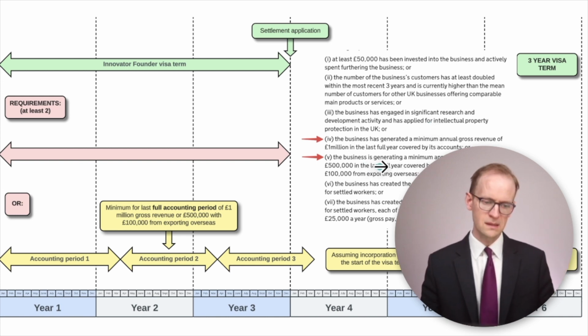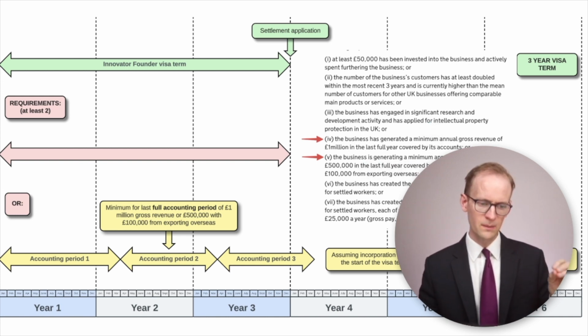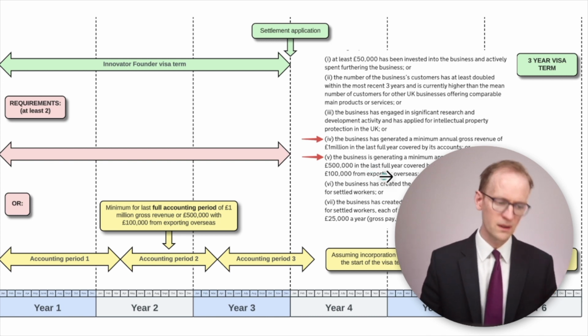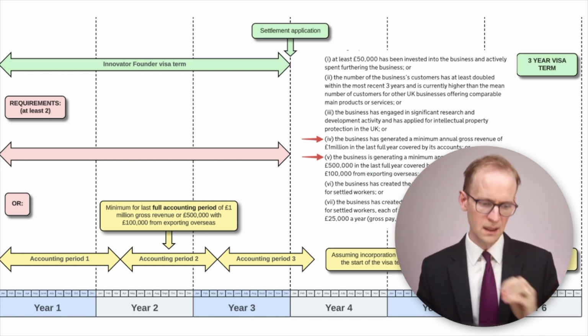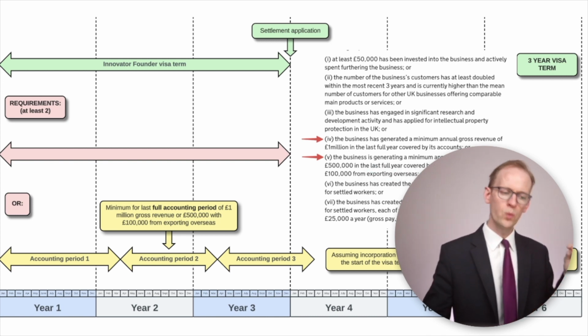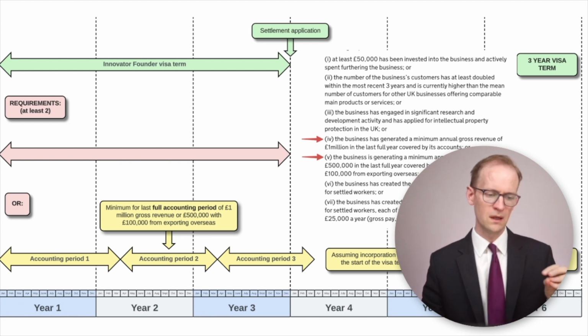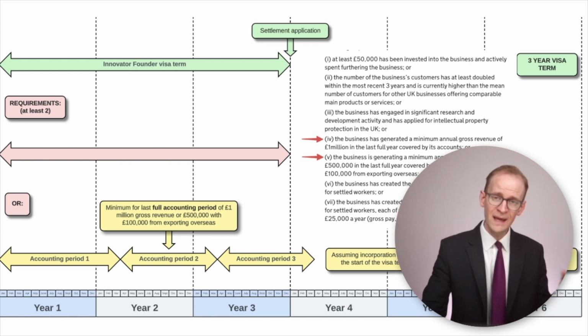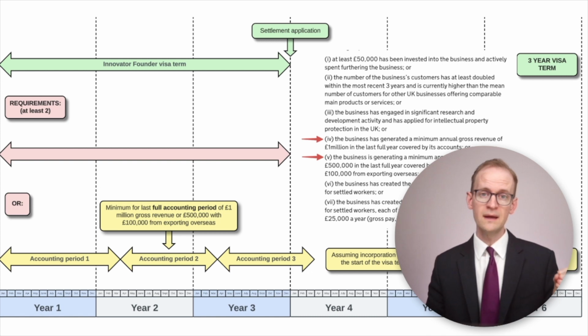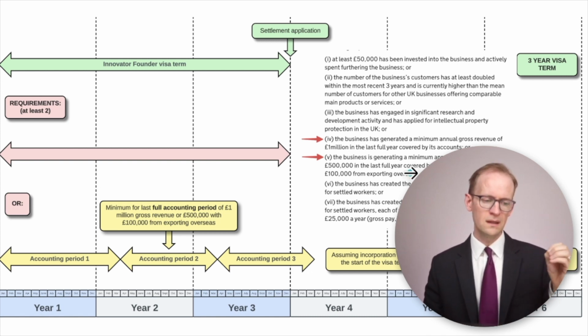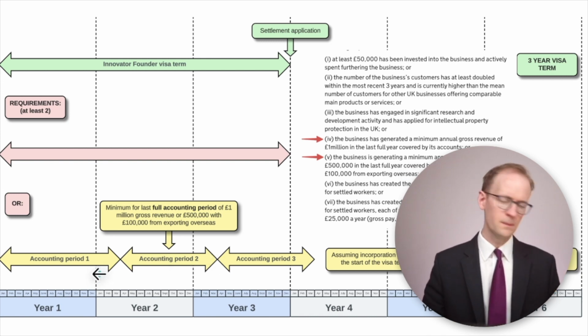And the other one is this: the business is generating a minimum annual gross revenue of 500k in the last full year covered by its accounts, with at least 100,000 from exporting overseas. So again, some of my clients have done that, and it's all about timing considerations, because this last full year covered by its accounts is usually not going to be the first year.